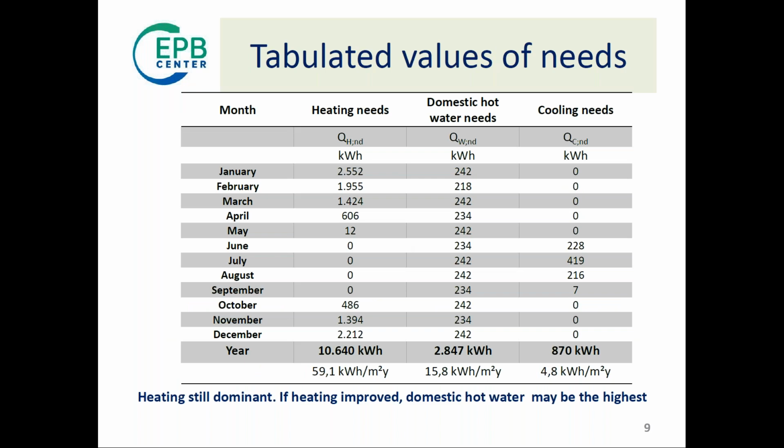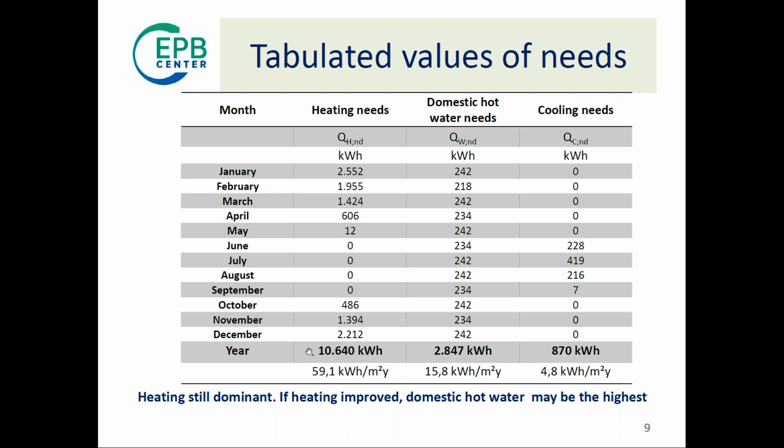So these are the tabulated values of the needs. These are the aggregated monthly values of the hourly needs, just to have a comparison. So you can see month by month, and you also have here the total yearly, about 60 kilowatt hours per square meter per year. It means it is an average house.